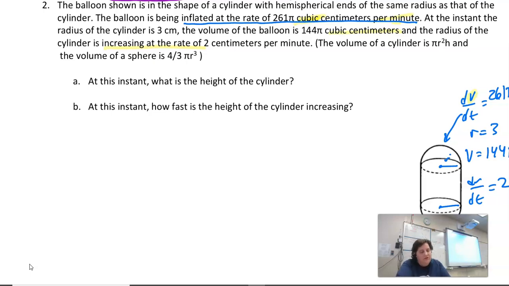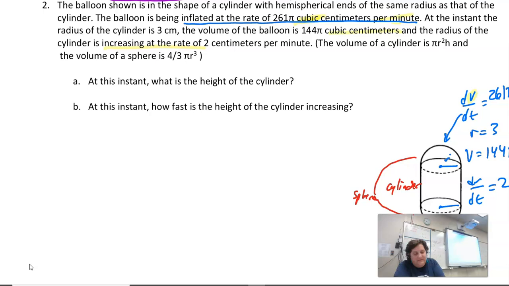Okay, so it's pretty straightforward, except for the fact that I've got these 2 separate volumes. Well, you guys see that I have basically one cylinder here, and between that and that all together, I have one sphere.